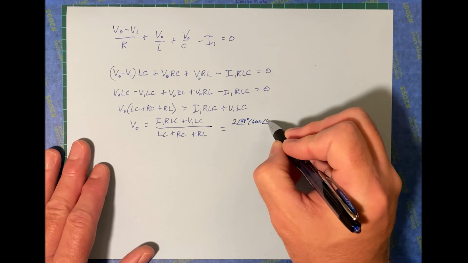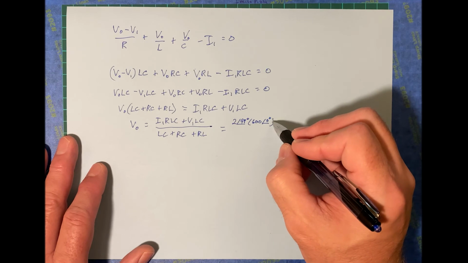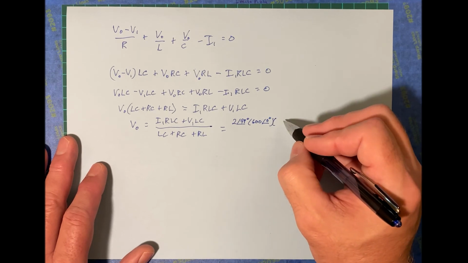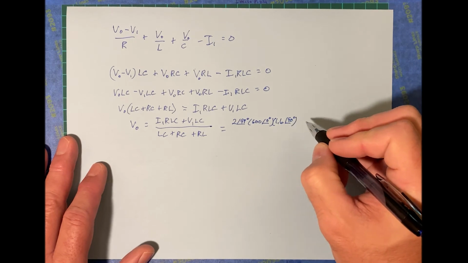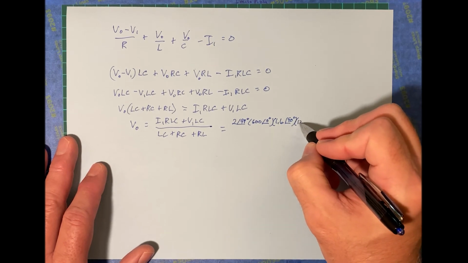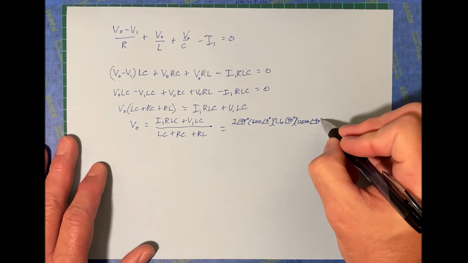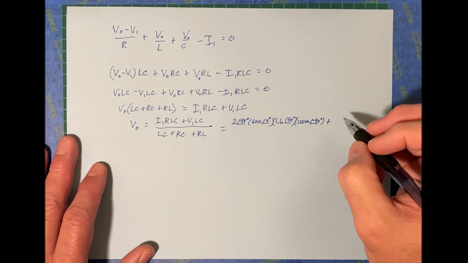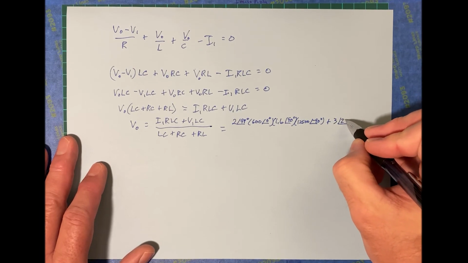By the way, it's 600 angle 0 degrees. We'd leave off the angle 0. Multiplied by L, which is 1.6 angle 90 degrees, times C, which is 12,500 angle negative 90 degrees, plus V1, which is 3 angle 23 degrees.